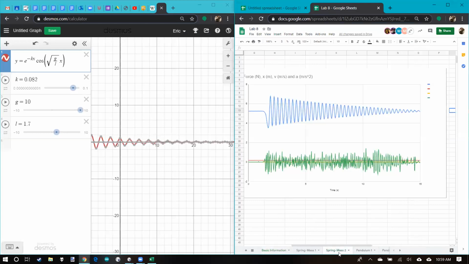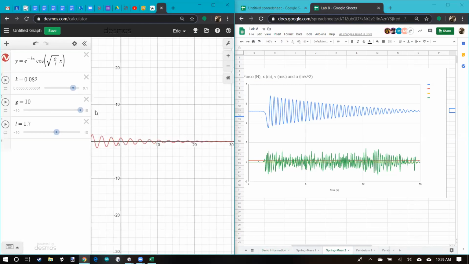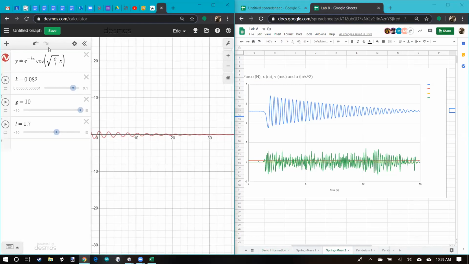So here's spring mass number 2. And what we want to do is see if we can make a graph which latches on to the way that this blue graph behaves. So here I'm going to feed in the numbers that we just calculated. What did we say our damping constant was based on Excel? Oh, negative 0.027.